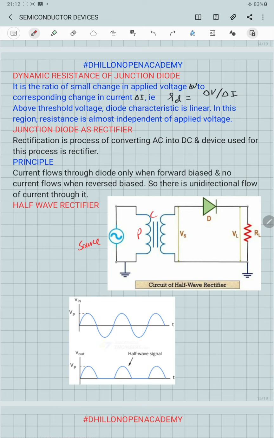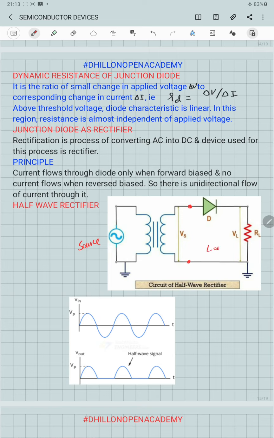This step down transformer steps down the voltage to a required suitable level, but it still remains alternating in nature. One terminal of this secondary coil is now connected with the positive terminal of the diode, while the negative terminal of the diode is connected with the other part of the secondary through a resistance which is known as the load resistance.